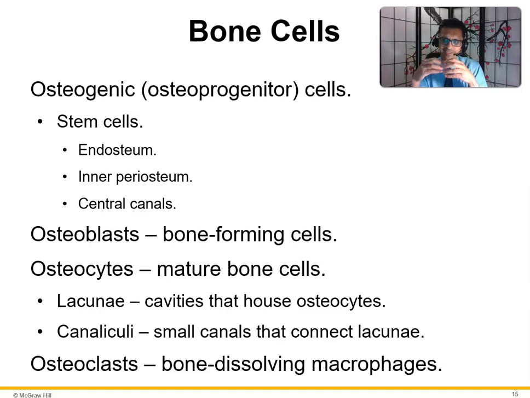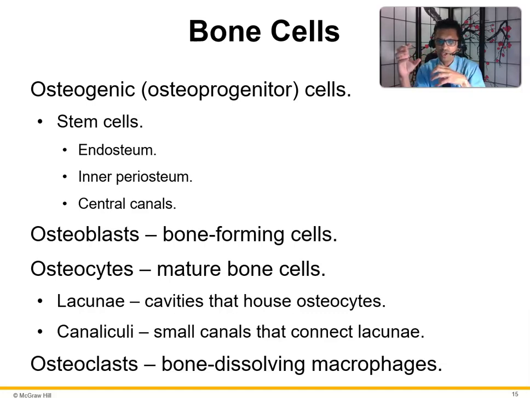When you're a little baby, your osteoblast activity is going to be high because you're just forming bone left and right. Once you reach a stable age, your osteocytes are going to be the majority, where they just maintain your bone cells. Now, osteoclasts are your bone dissolving cells. So they help keep that homeostasis that we talked about.